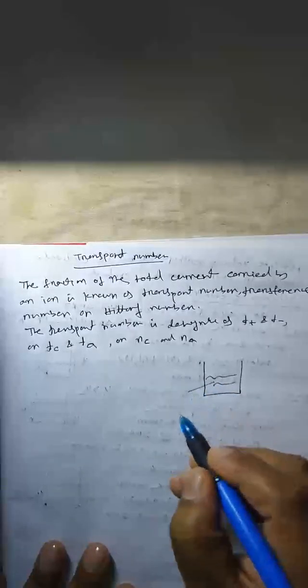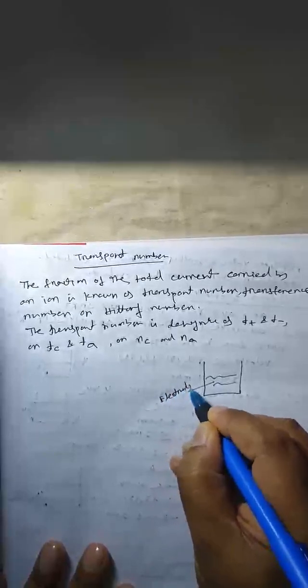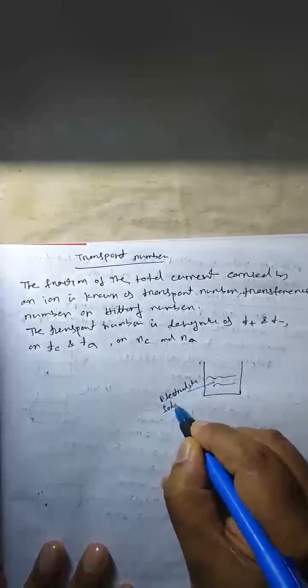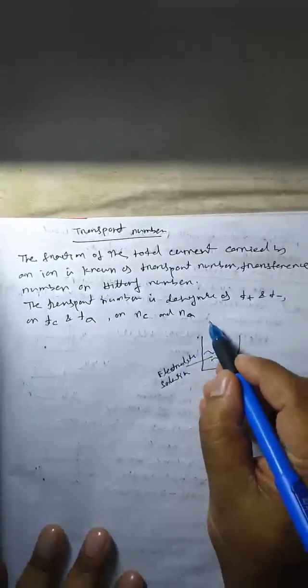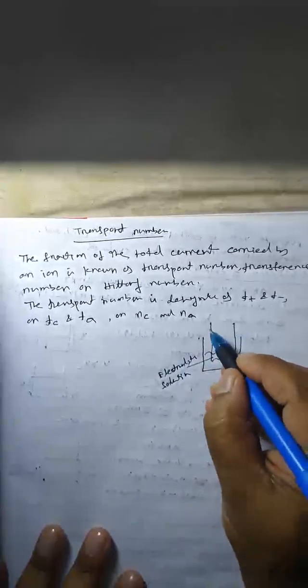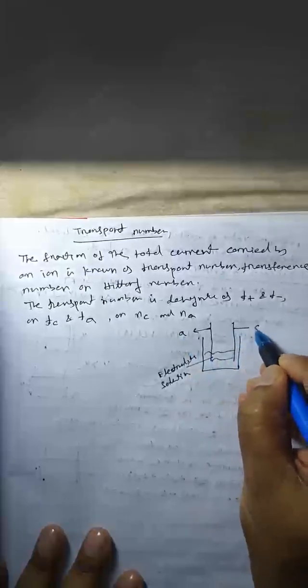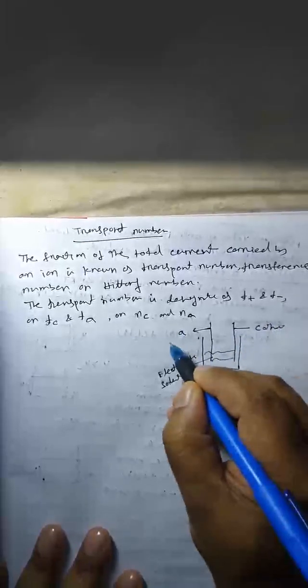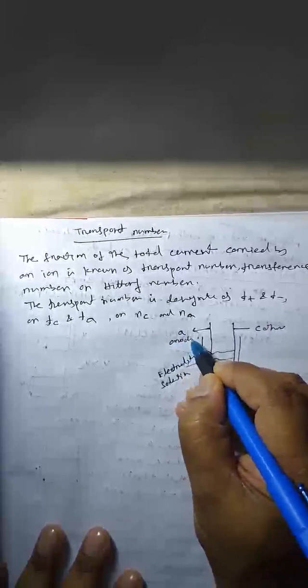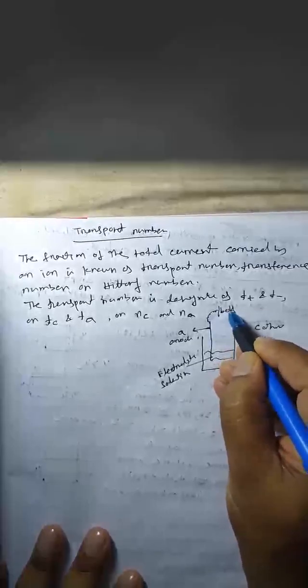Let the anode and cathode, two electrodes, be dipped in it. We always take the left hand side as anode and the right hand side as cathode. Now the two electrodes are connected with a battery.